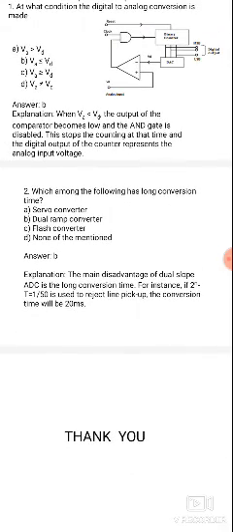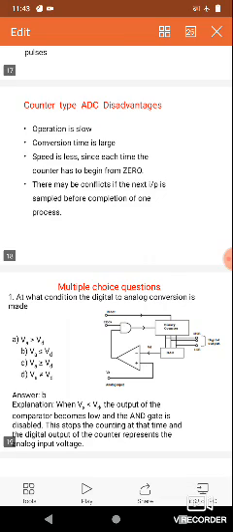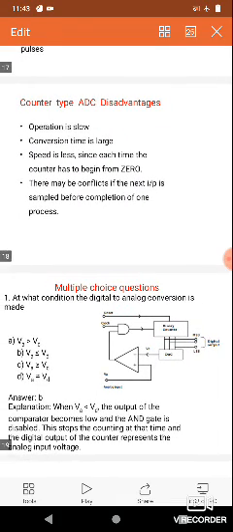Next question: which among the following has a long conversion time? The options are A, servo comparator, B, dual ramp converter, C, flash converter, and D, none of the mentioned. Just now we discussed the disadvantage of the counter type ADC: the operation is slow and the conversion time is too large, and the speed is also less.